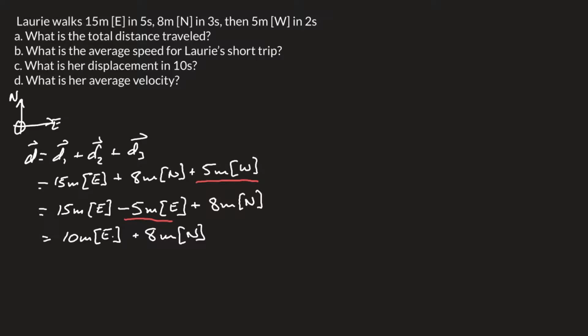So I'm not quite done yet, because now what I'm going to do is my vector addition to get me my final answer. So what I'm going to be looking at is the components here. So I have traveled 10 meters east. That's this first one. And then I'm going to travel about 8 meters north.